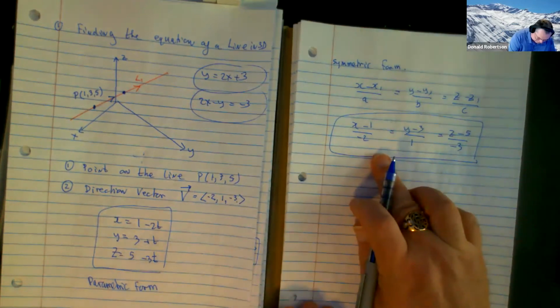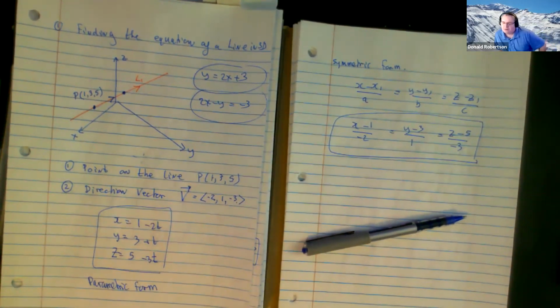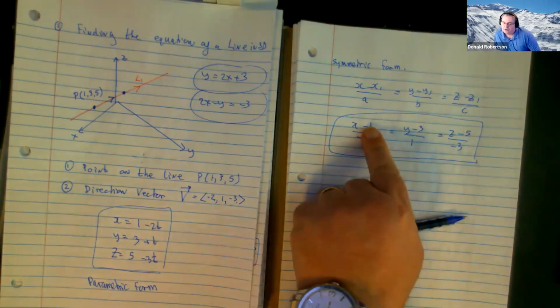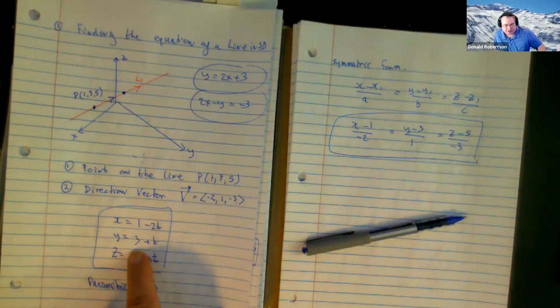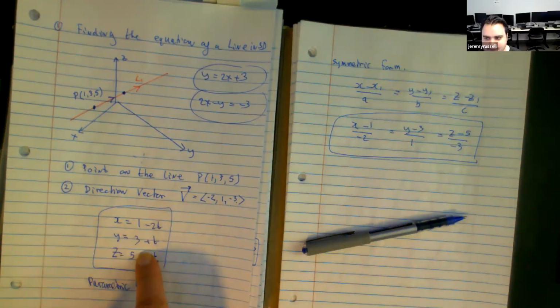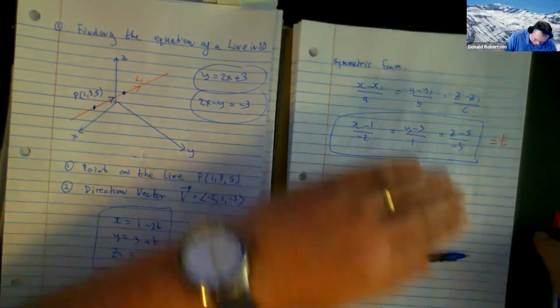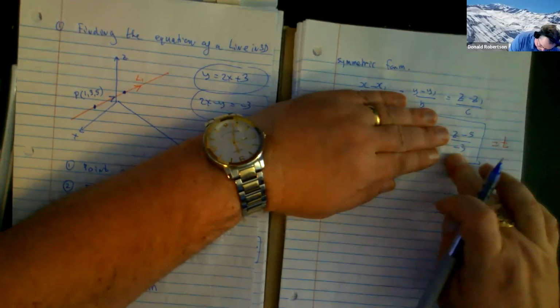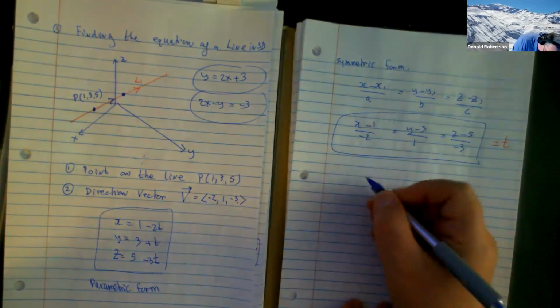Let's go this way. How do you think I could turn this into that? Any ideas how you could turn these three equal to each other into x, y, and z so it looks like this? You make the thing equal to t. Now, if you take each one in turn and you make them equal to t, you'll get it. So let's take that one.